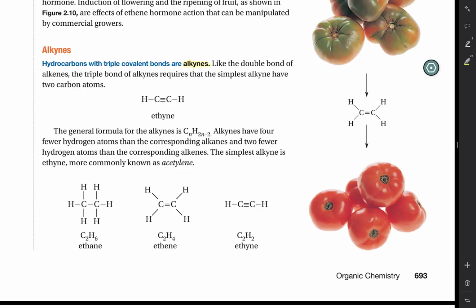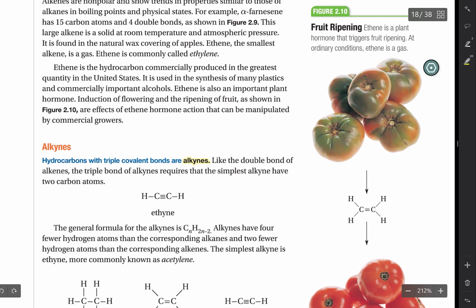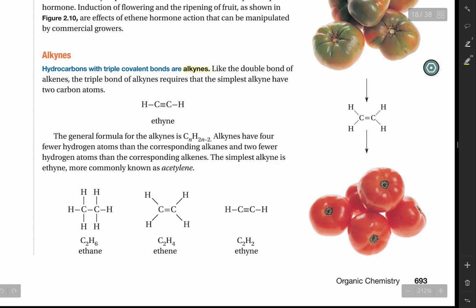On page 693, we have an example for alkene and alkynes. The example for the alkene is ethene, which we use as a hormone for fruit ripening. The common name for that one is ethylene. And an example for the alkyne is given here.